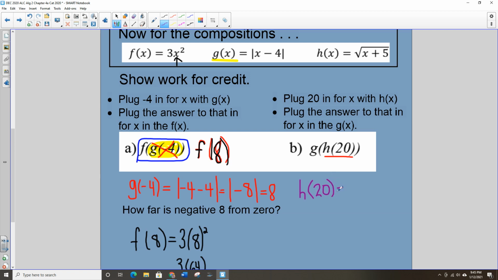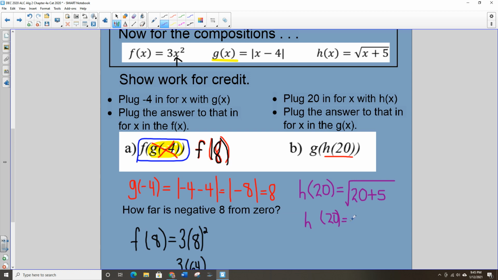Are we going to plug 20 into 3x squared absolute value of x minus 4, or are we going to plug it into the square root of x plus 5? The correct answer is we're going to plug it into the square root of x plus 5. So we're going to write 20 plus 5. And what is 20 plus 5? Hopefully, you said it was 25.